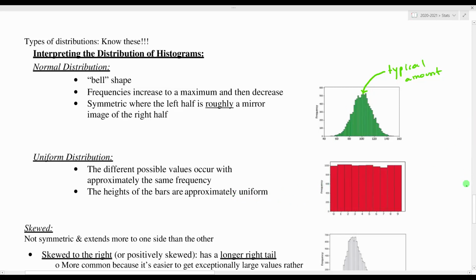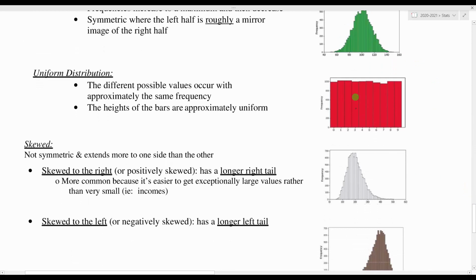All right, so this next histogram that we're looking at, this one here in red, is what we call a uniform distribution, and it essentially makes a rectangular shape. This is happening because every single class has the same frequencies in it. There's no variance going on here.